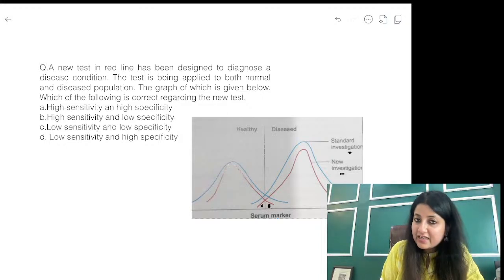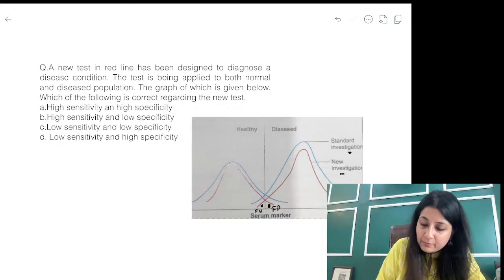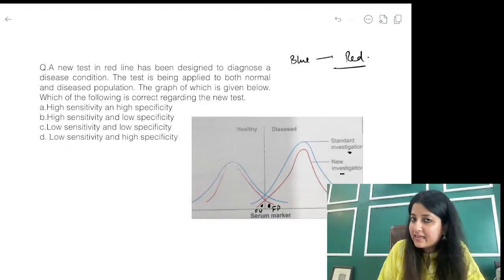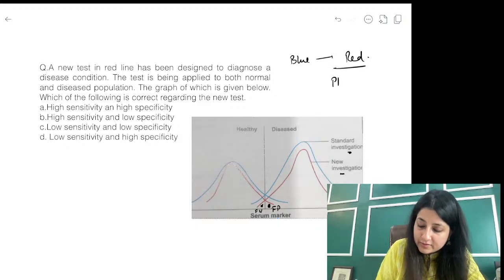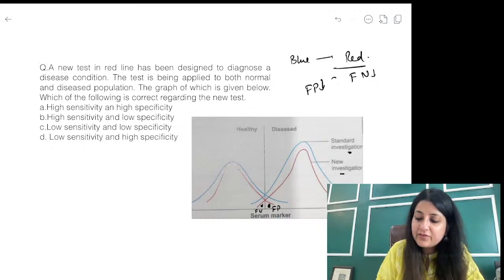Those areas were the false positives and false negatives. So when we shifted from blue to red, what decreased? False positive decreased. It was not difficult, okay? False positive decreased, false negative decreased. If false negative decreases, true positive increases. If false positive decreases, true negative increases.